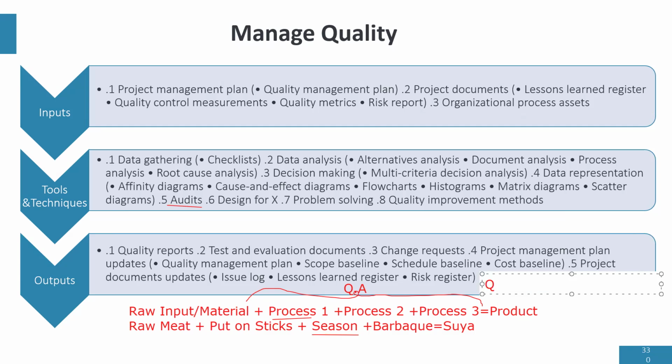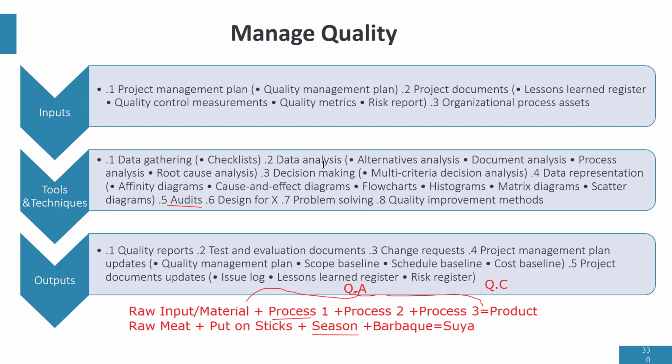QC, quality control, is where you test the final product against specification. Where we test the final product. Okay, so quality assurance validates the process. Quality control is where we test the final product to see whether it meets up with the quality standards.